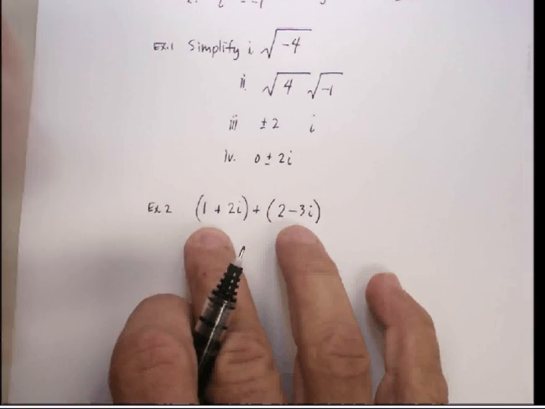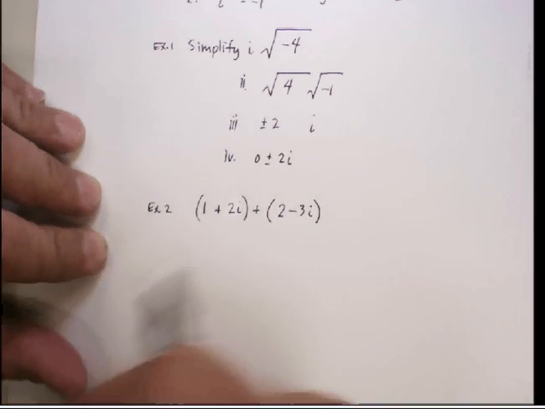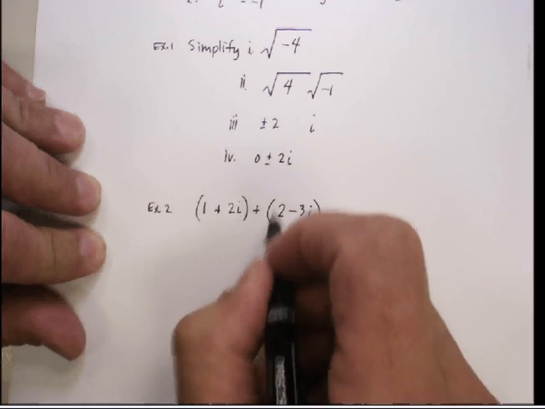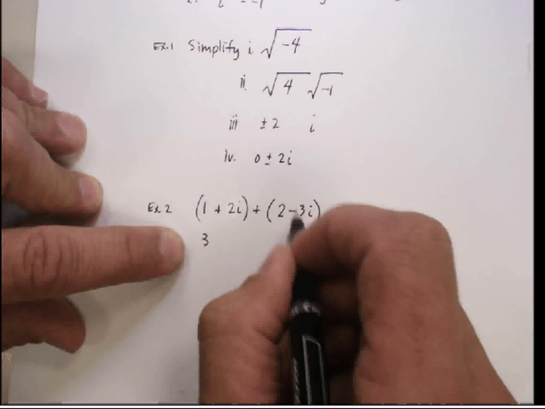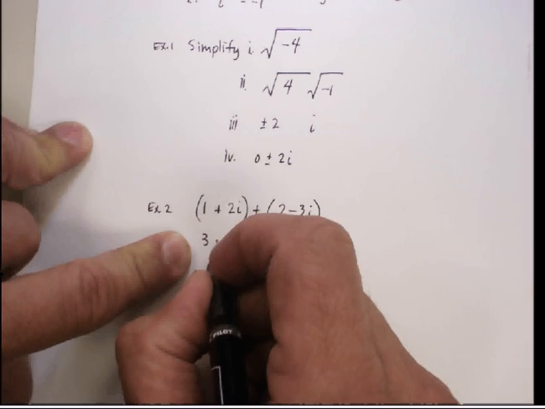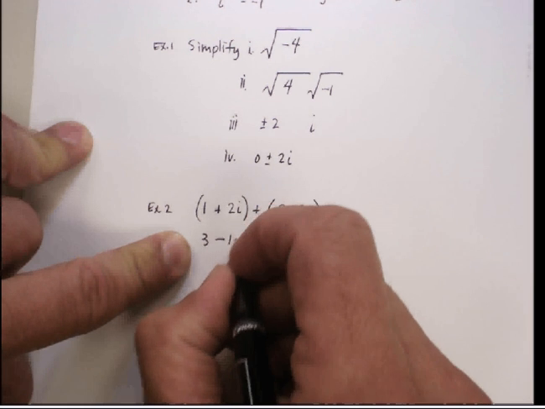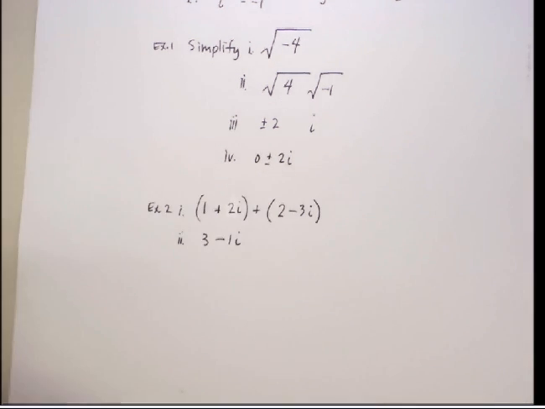So those are just two complex numbers, right? How would you add them? Well, you would add the a's, and you would come up with 3, and then you would add the b's. In this case, it would be 2i minus 3i, and you would just get minus 1i. And there is your answer on that one.